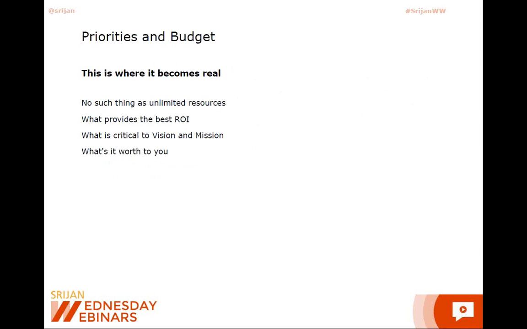You can't only look at your website as an expense when you're setting your priorities and your budget. You have to think of it in terms of an investment. And how much is that investment going to generate for you? And how much is a particular feature or aspect of the website going to support that investment? And how much is it going to be worth to you to have that particular feature on the website?